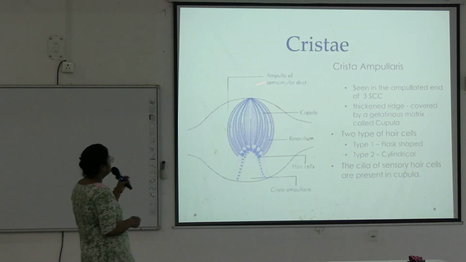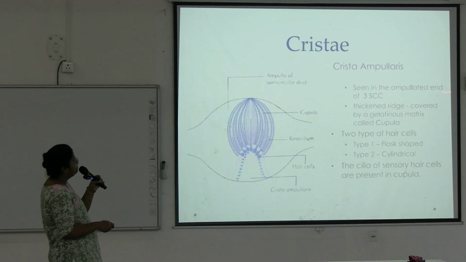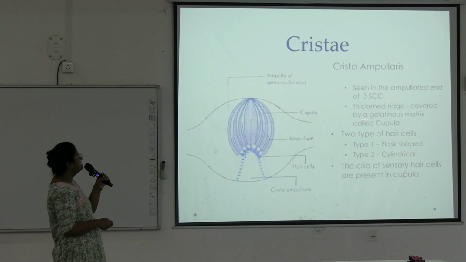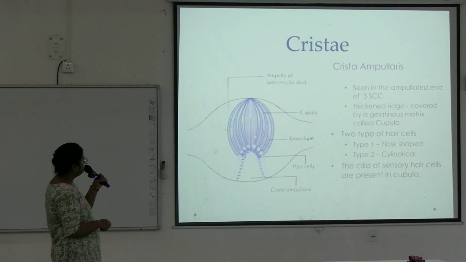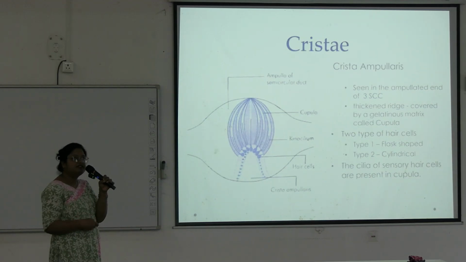So the cristae looks like this. Crista ampullaris is seen in the ampullated ends of the three semicircular canals. It has a thickened ridge covered by a gelatinous matrix called the cupula. This cupula has the two types of cells previously discussed.